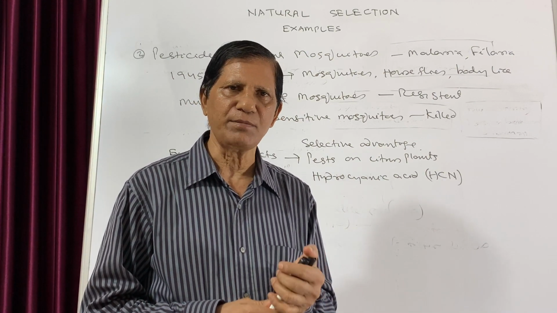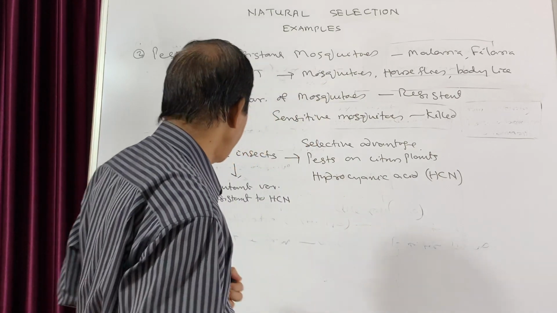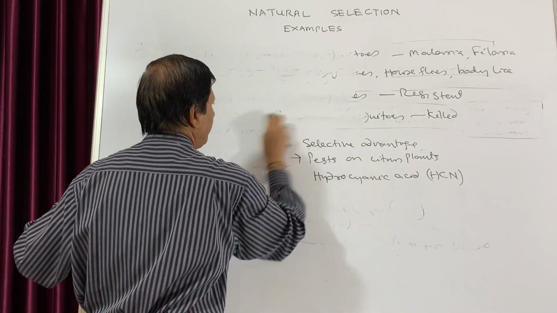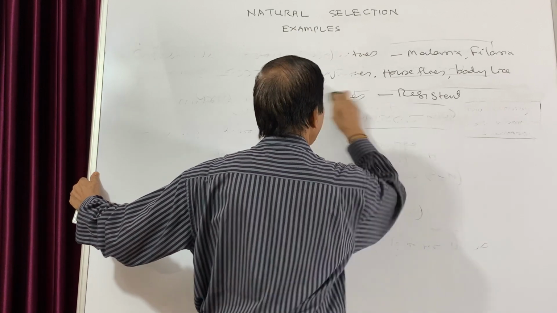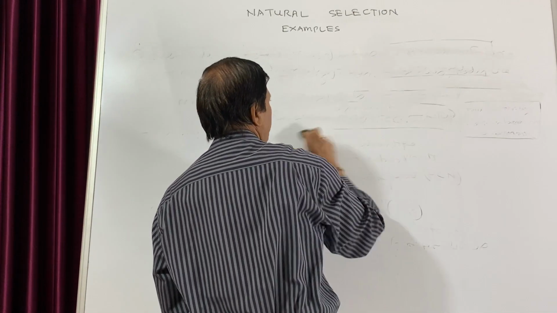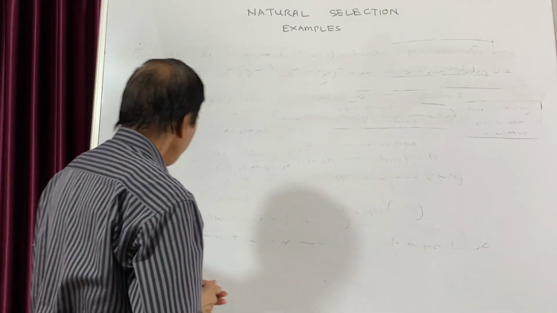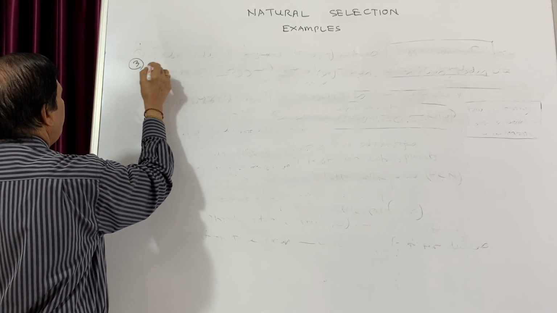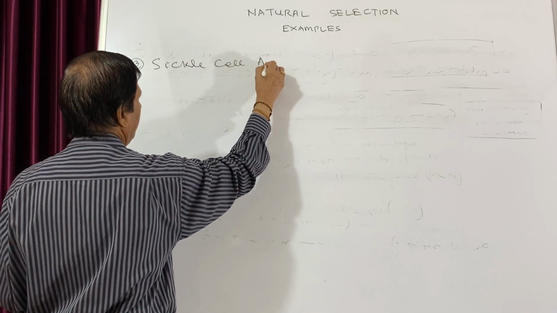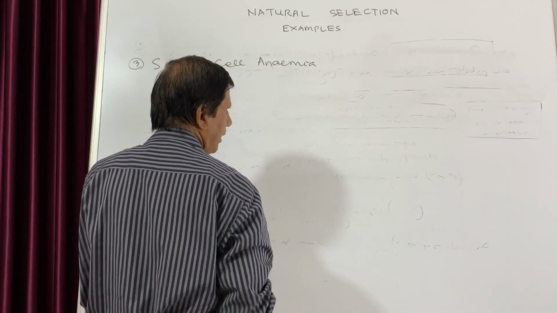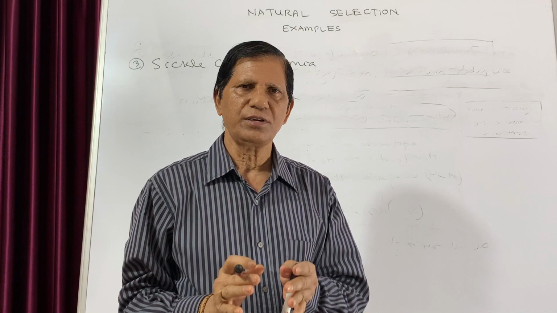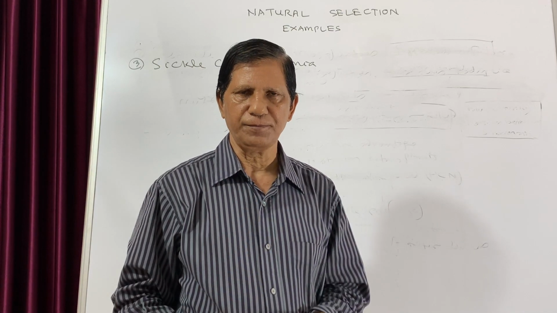Now let us give a third example, that is sickle cell anemia. Sickle cell anemia is one of the best examples for the human population.